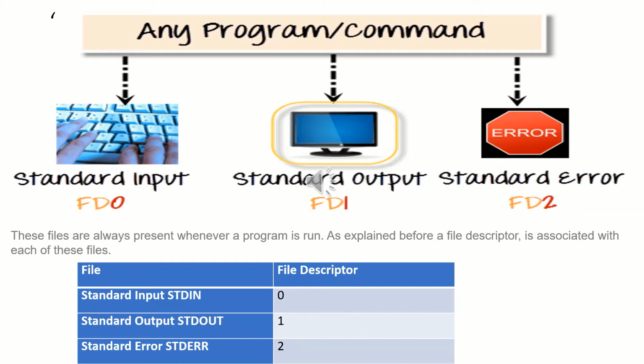Its file descriptor is 2, fd2, and it is called stderr. This is how we refer to them in Unix or Linux programming.